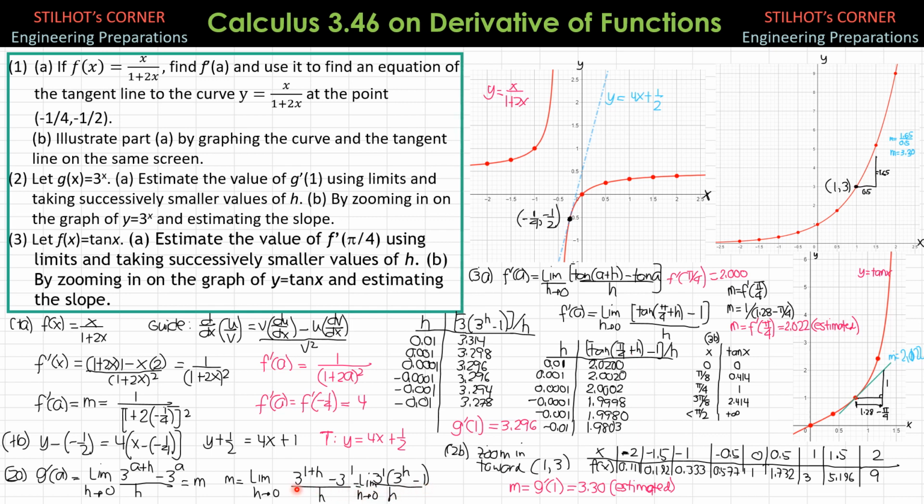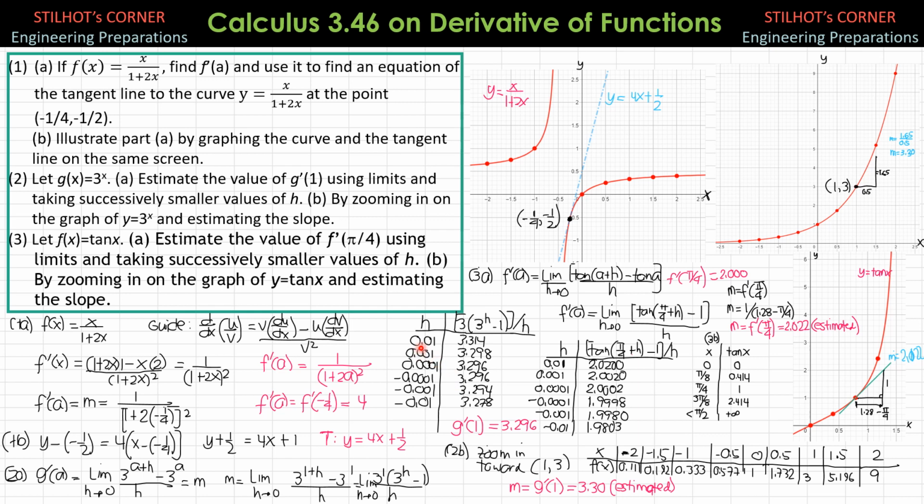So take note that 3 to the 1 plus h is like 3 to the h times 3 to the 1, or 3 times 3 to the h. So this is now the factored form of the numerator. Then we set the value of h and evaluate 3 times the quantity 3 to the h minus 1 all over h using your calculator.